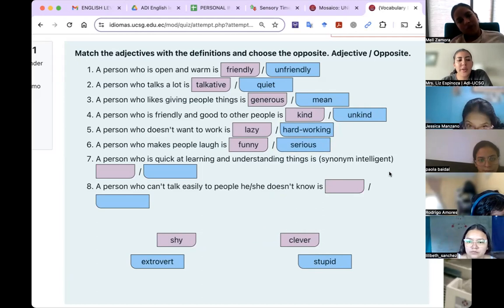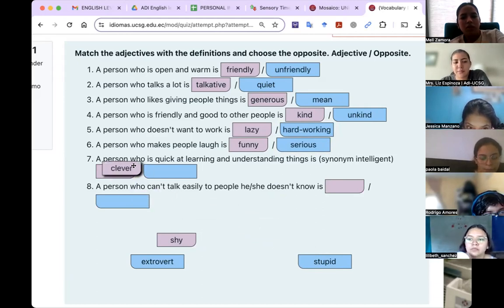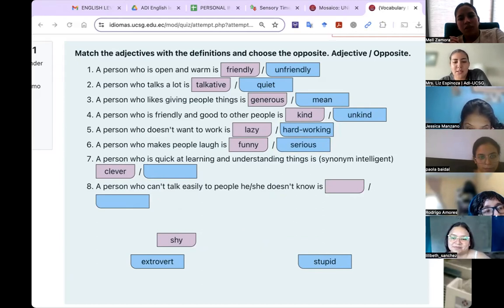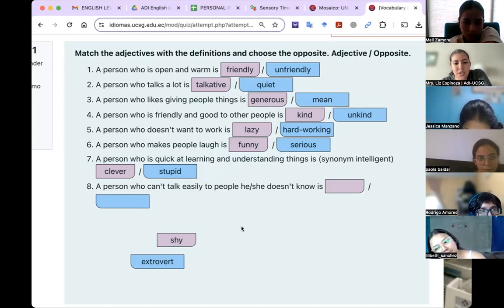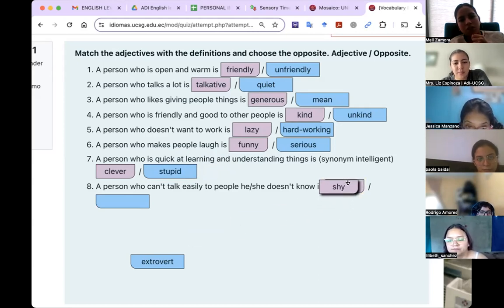Then a person who is quick at learning and understanding things is a synonym of intelligent. Clever. Like the name. I had a friend whose name is Clever, but it's similar. All right, and then what is the opposite of that? Stupid. Yes. Stupid, yeah. So a person who cannot talk easily to people he or she doesn't know is shy.